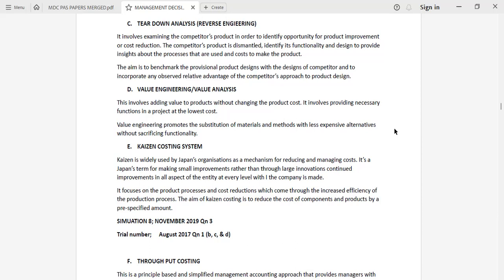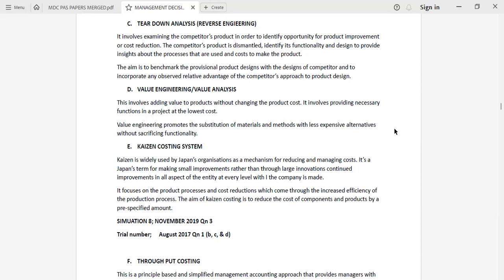In other words, what we are looking to achieve when we are doing tier down analysis or reverse engineering is a cost reduction or improvement in the product. We are trying to improve the products that we are manufacturing in our company.